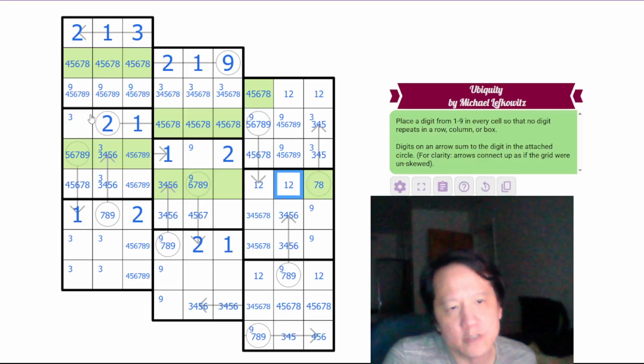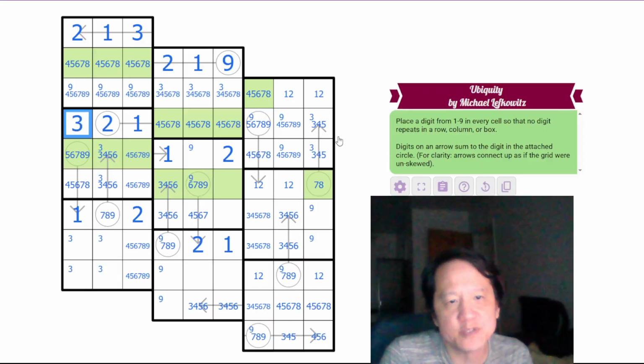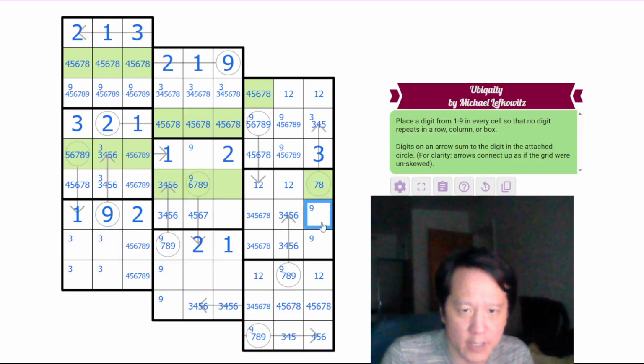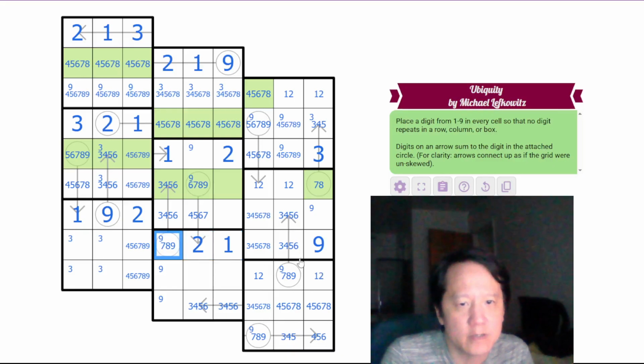What happens if this is a 3? If this is 3, obviously this can't be 3, so that's 3. This is 4, 5 as a pair, adding up to 9. 9 cannot be here anymore, so 9 is here, which means this can't be 9. Does that tell us very much?